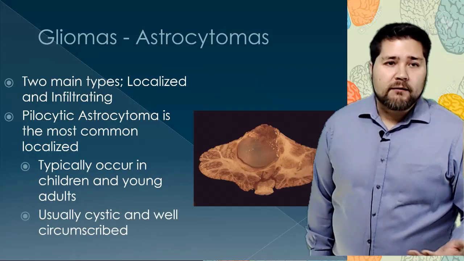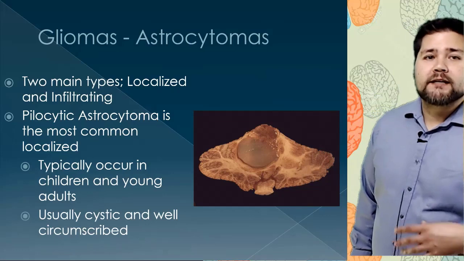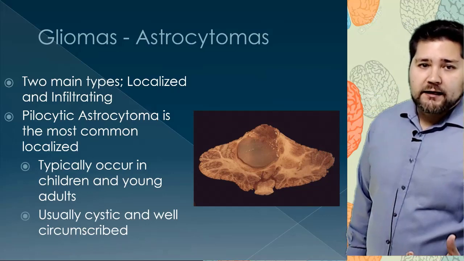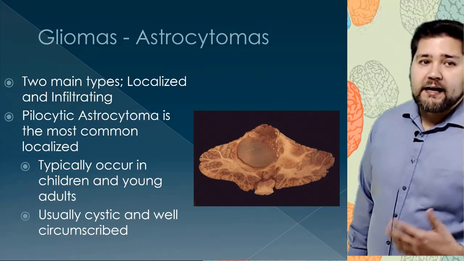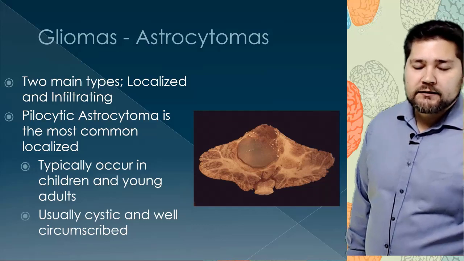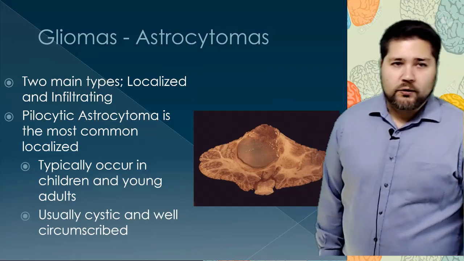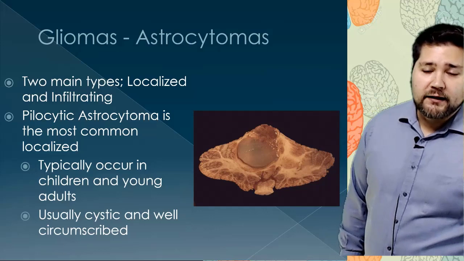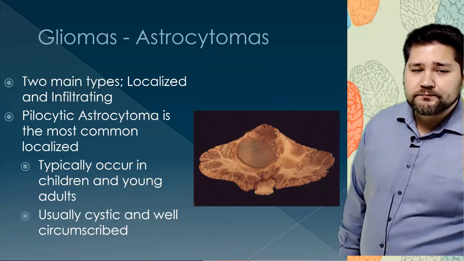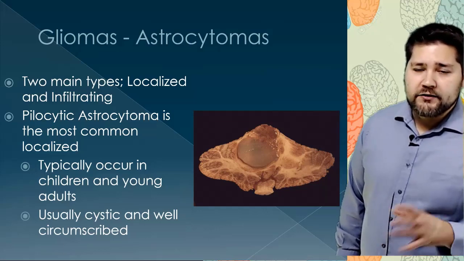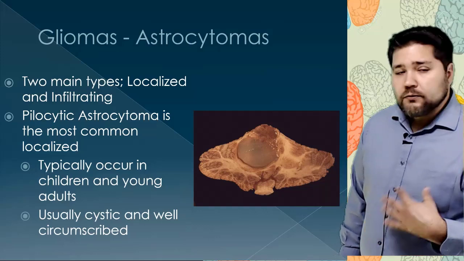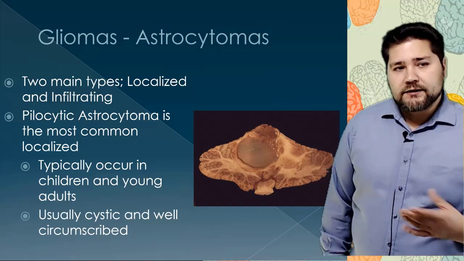The one we'll talk about most is astrocytomas, because astrocytomas tend to make the highest presence of these tumors and are also the most likely to be malignant. So astrocytomas will be broken up into different types depending on essentially their grade and stage effects and the overall appearance. So we'll break this down into a localized versus an infiltrating type.